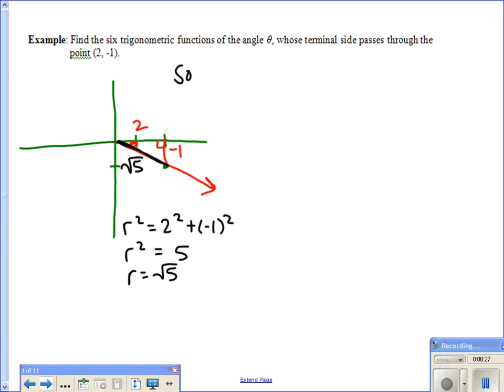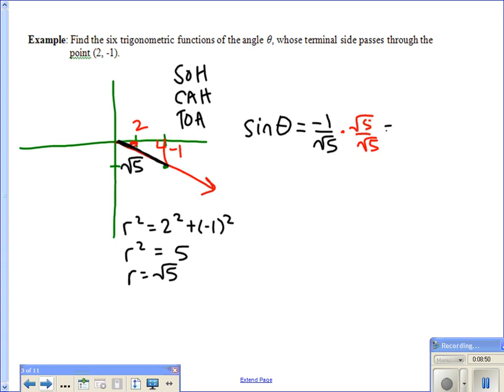So again, SOHCAHTOA, so the sine of the angle that we have would be opposite, which is negative 1, over hypotenuse, which is root 5, so negative 1 over root 5. We want to rationalize the denominator, because we don't like to have radicals in our denominator. So that gives me negative root 5 over 5.